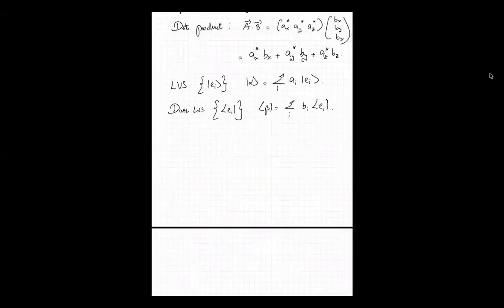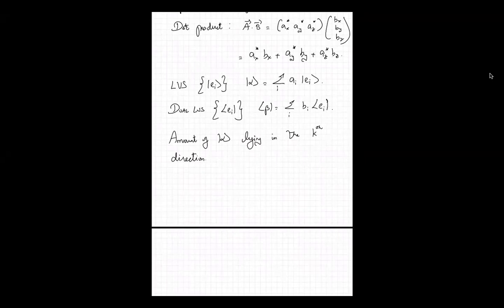So in this language, how does it look? Suppose I want the amount of the vector alpha lying in the kth direction. Then I should take the dot product, or inner product, of the vector with the basis vector in the kth direction.